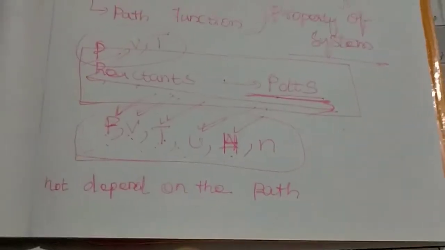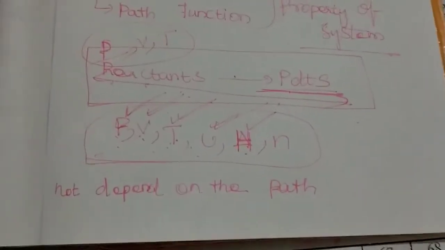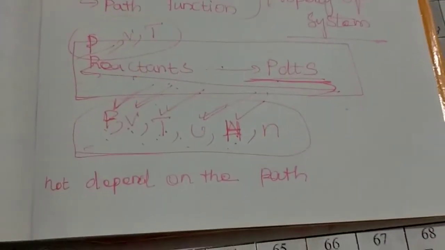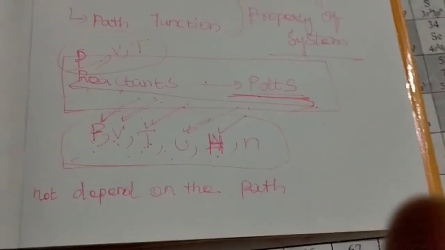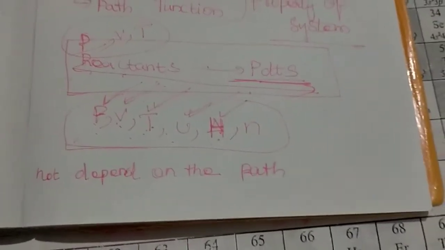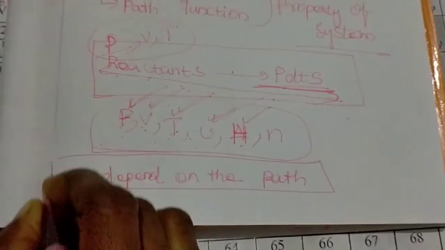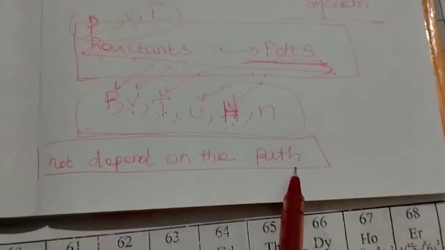The route the reactant travels from the initial state to the final state is the path, or we can call it the manner. These variables do not depend upon that path, manner or route. This is important: state function means it does not depend on the path or manner.